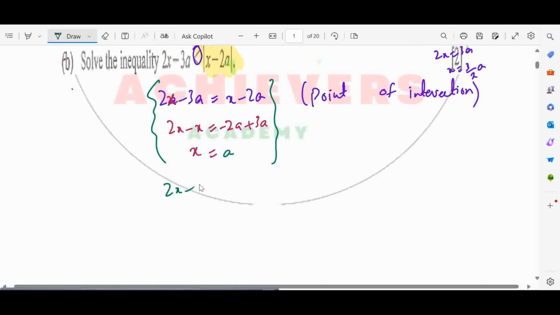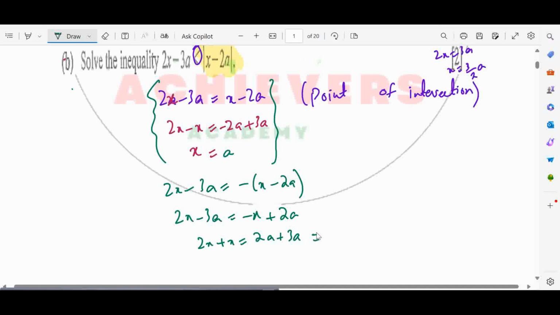The other one will be 2x minus 3a equals minus x plus 2a. Now if we rearrange it, 2x plus x equals 2a plus 3a.